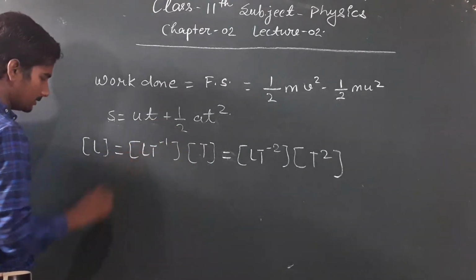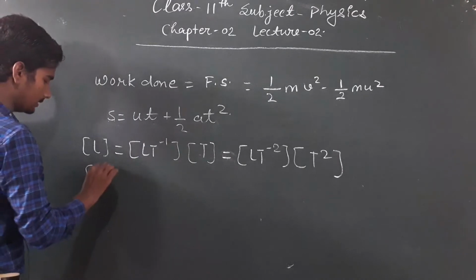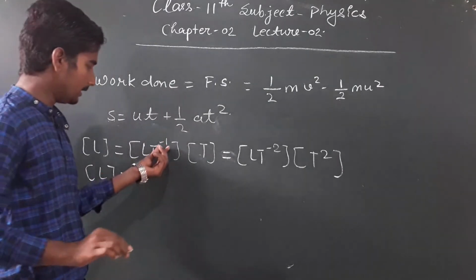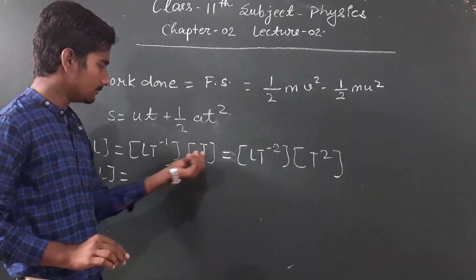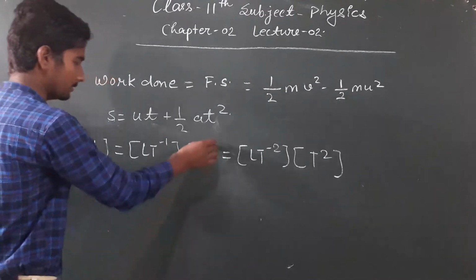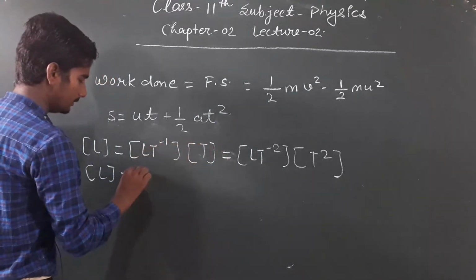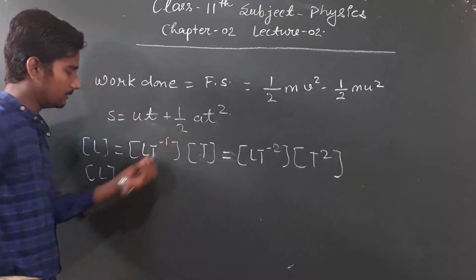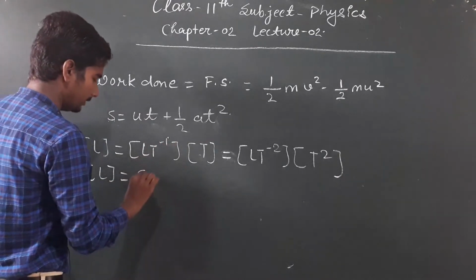So if we solve further, then we can say L equals, here the power of t is minus 1, and here the power of t is plus 1. If we join both of them, then the power of t will be 0, and that will be 1.